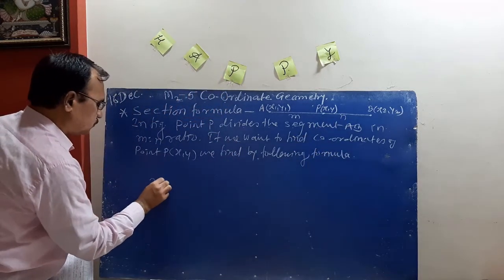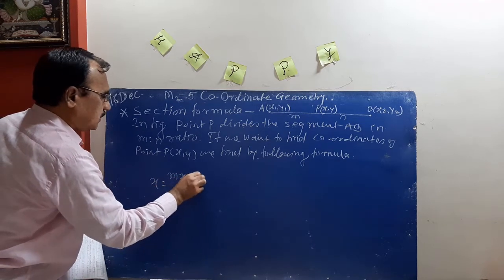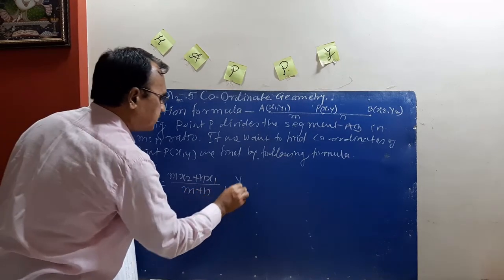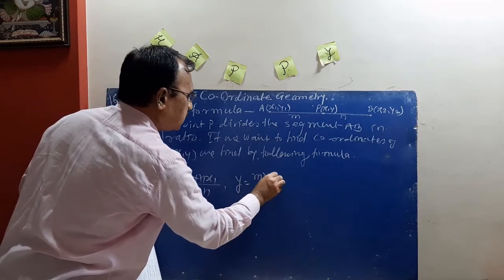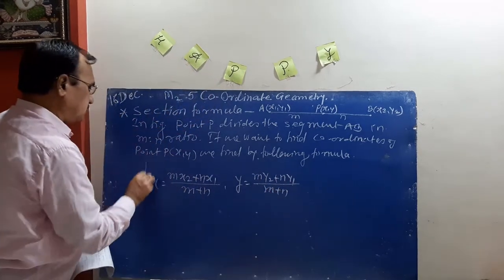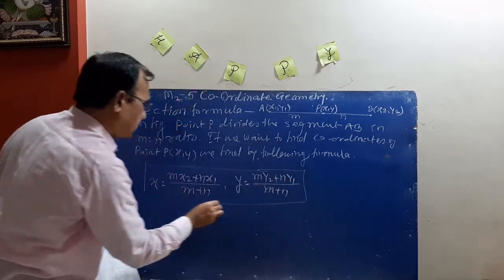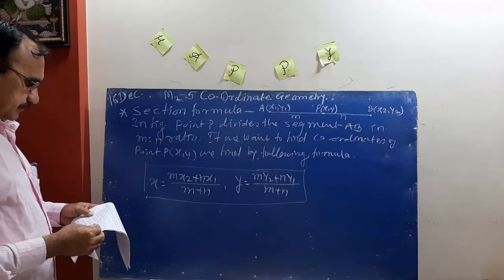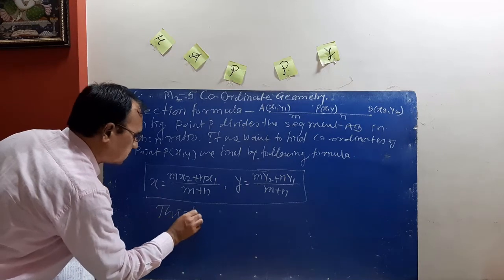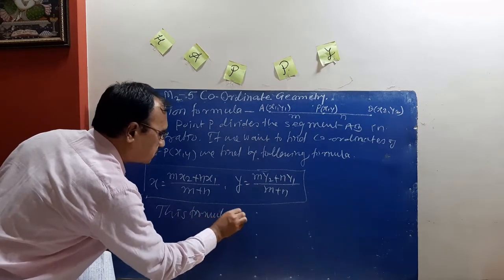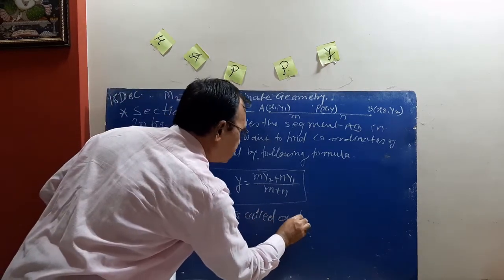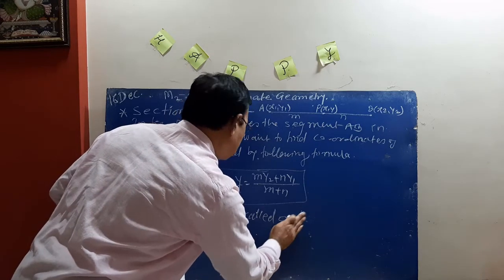X is equal to mx2 plus nx1 upon m plus n. Y is equal to my2 plus ny1 upon m plus n. This is a very simple formula, and it is called the section formula.